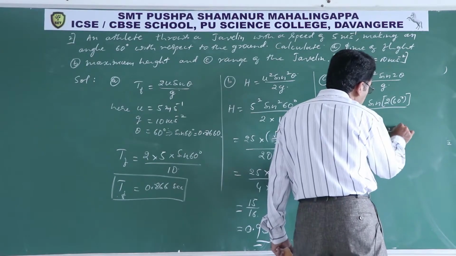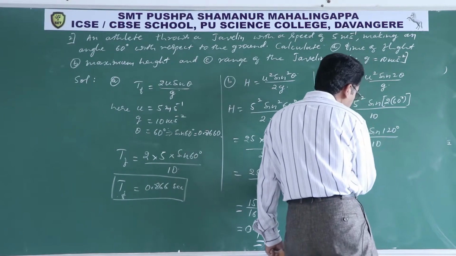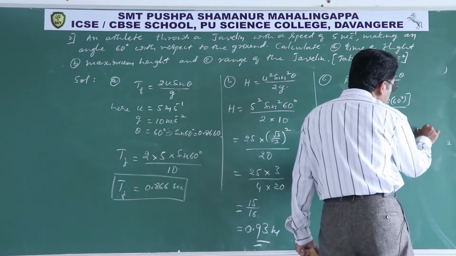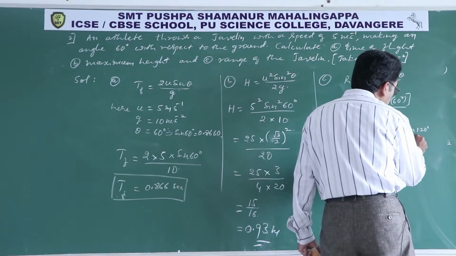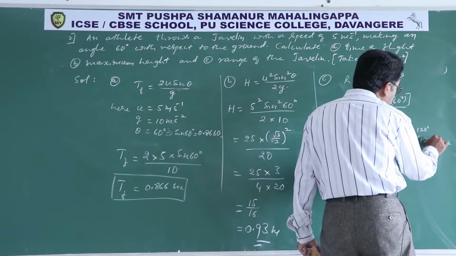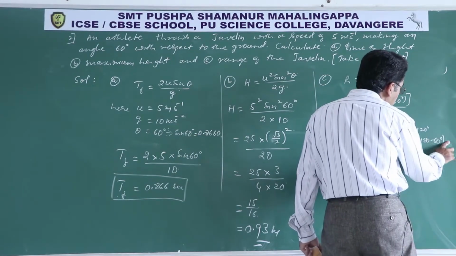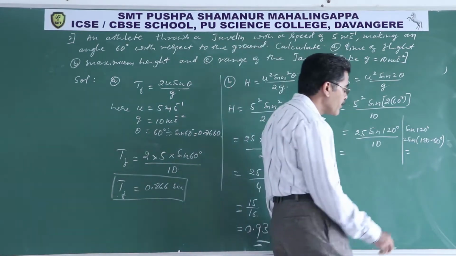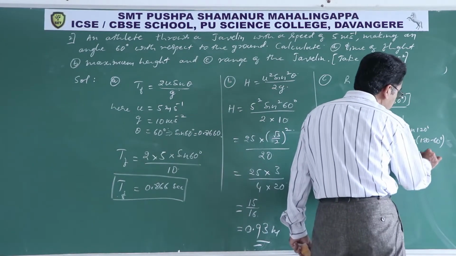Sine 120 can be written as sine of 180 minus 60. Sine of 180 minus theta is in the second quadrant, where sine is positive, therefore this gives you sine 60.